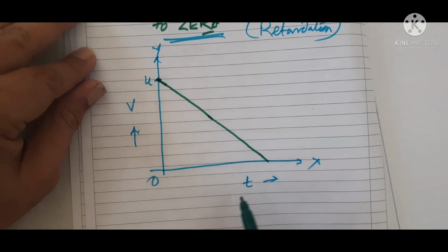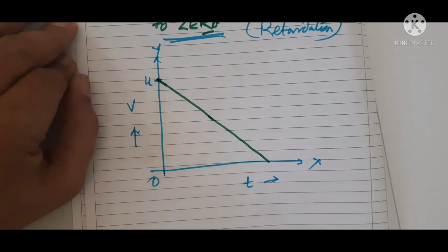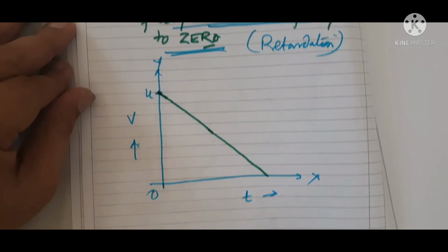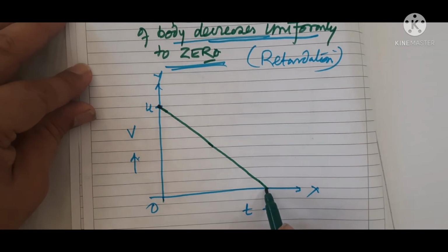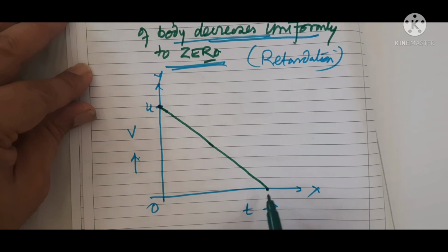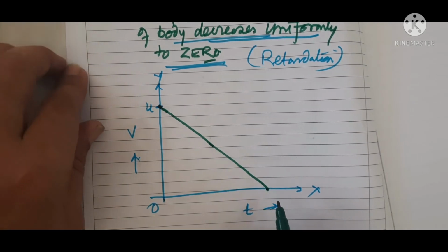That should be the case of when the VT graph, when the velocity of the body decreases uniformly to 0. Velocity देखो 0 हो गया कुछ टाइम के बाद.